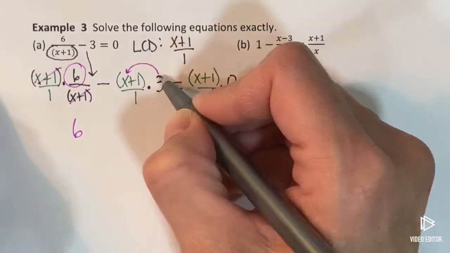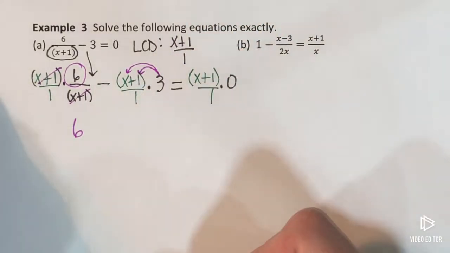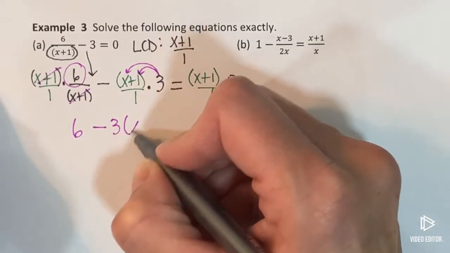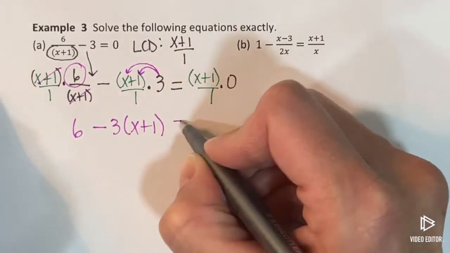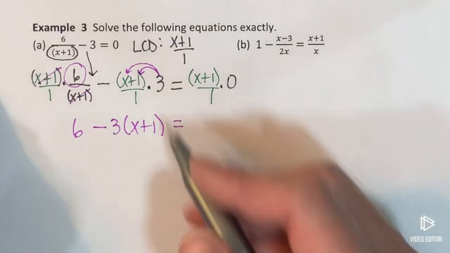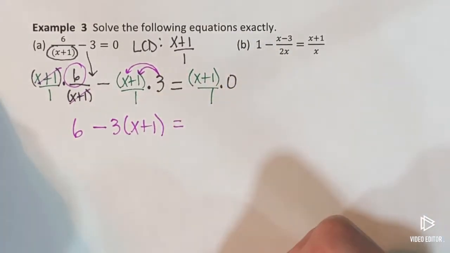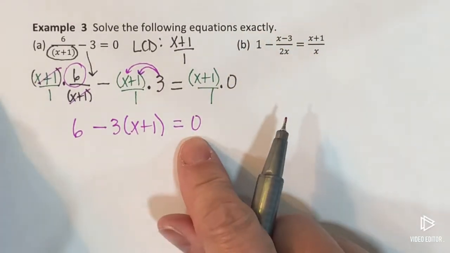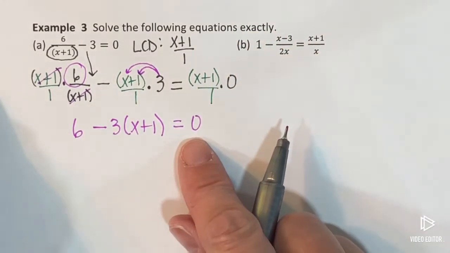This 3 has to get distributed everywhere. So I'm going to keep it like this: negative 3 times x plus 1. I'm going to put it in front so we can see it a little bit better because there's no fraction for that 3 to go away with. And then anything times 0 is 0, so be careful. That's a common mistake. It's not x plus 1.